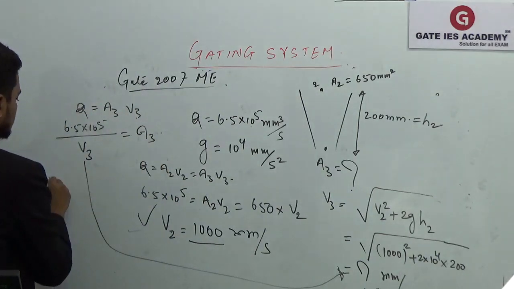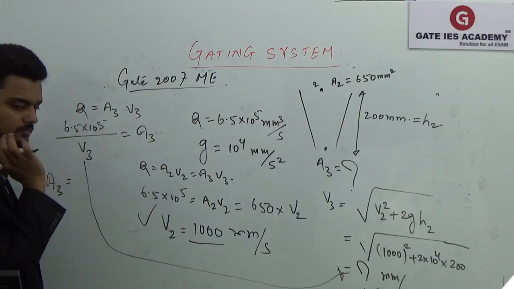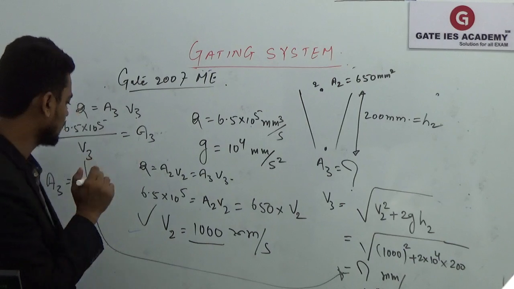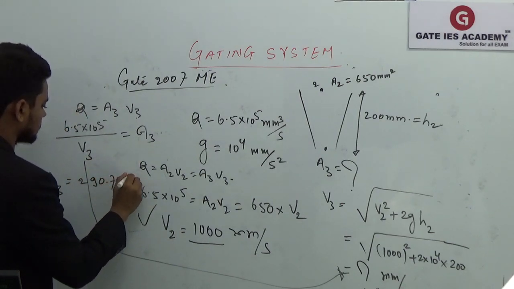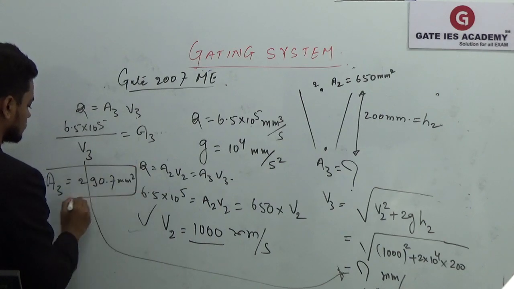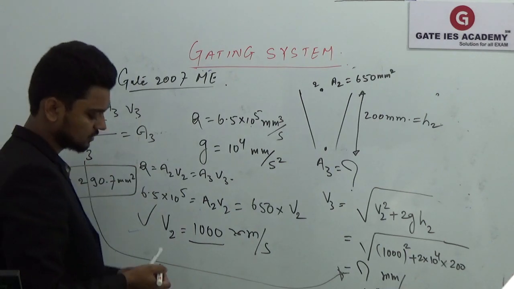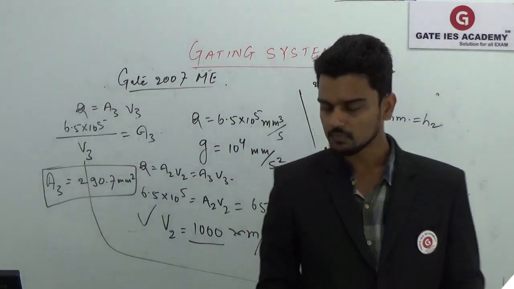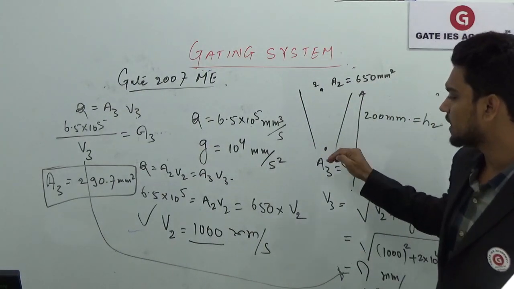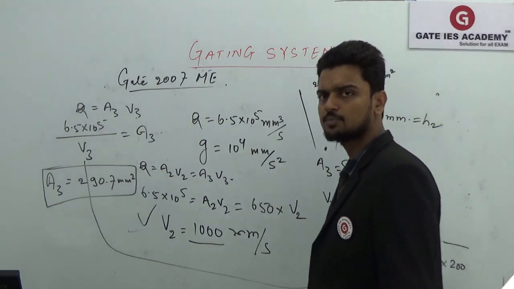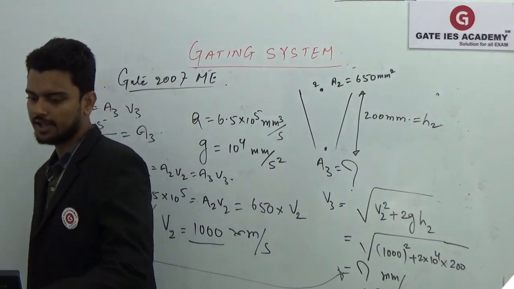So A3 will be something like 290.7 mm square. So this will be the answer: 290.7 mm square should be the cross-sectional area at the base of the sprue in order to avoid the aspiration effect.